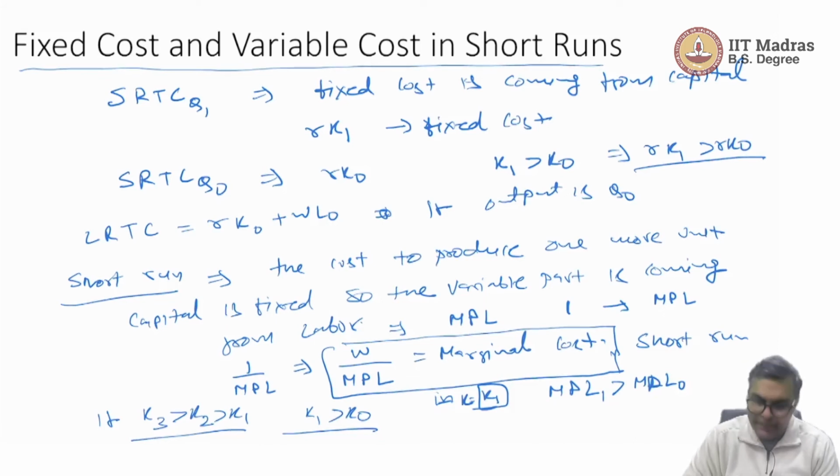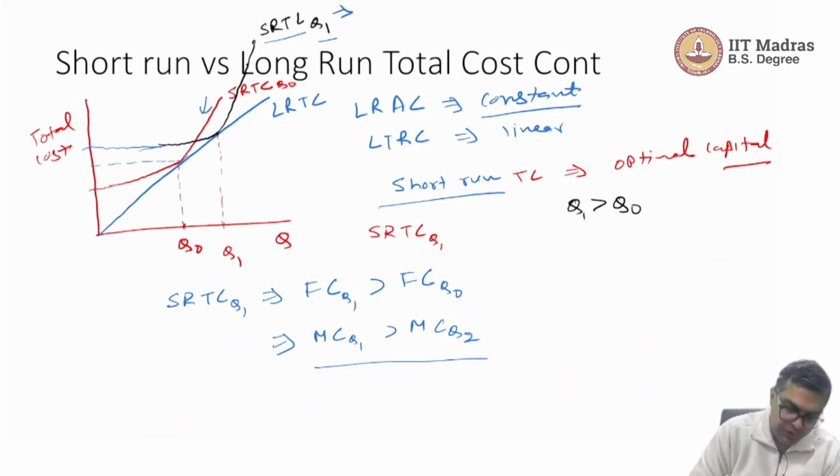It means capital complements labor. In that case, of course, the higher the capital, the higher would be the denominator, and the lower would be the slope, because slope is coming from the marginal cost. So, this is exactly what we do.